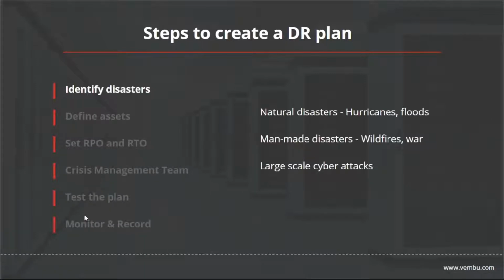In the identification of the disasters, it is the nature of disasters that your environment or your primary production site is prone to. It could be a natural disaster. Maybe you are in Hawaii Island, then there will be volcano attacks or sea rises.